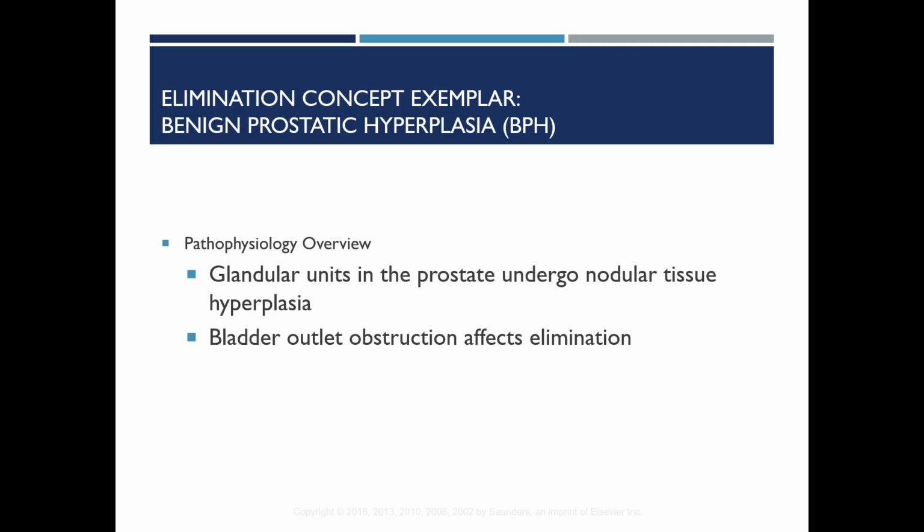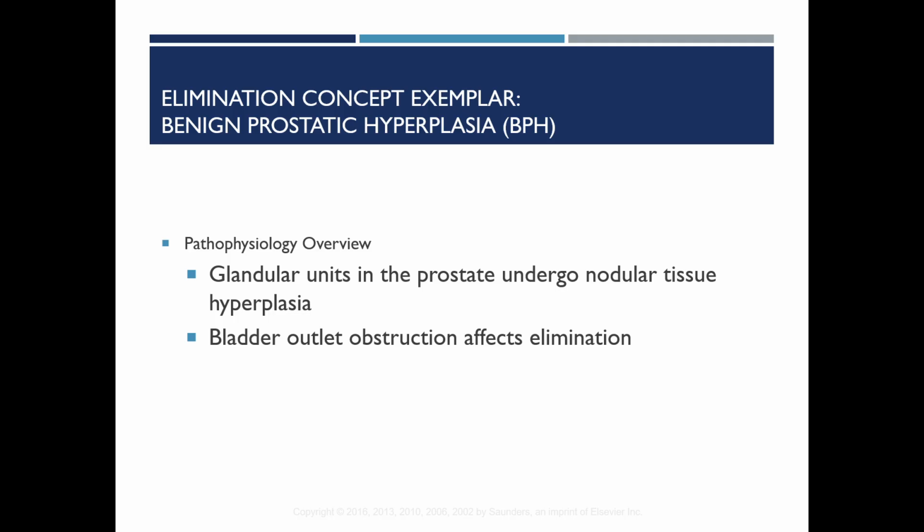When we're talking about elimination concepts of BPH, they experience glandular changes due to increased age and increased dihydrotestosterone. This causes the nodular tissue to grow excessively, called hyperplasia. It's the increase in the number of cells that cause an abnormal growth of the tissue.